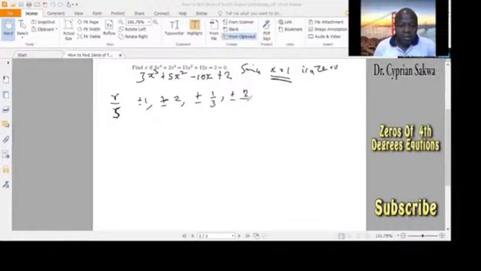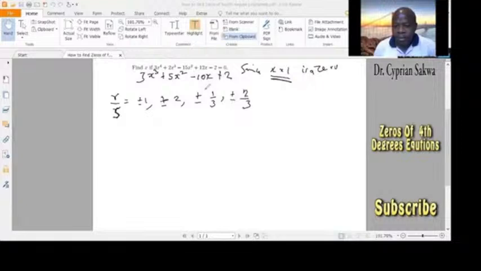We still have the same, because we still have the same constant 2 and 3. So again, we try and find out which of these is a solution. Let's begin with the easy ones. If we find that they do not agree to be solutions, we move to the second one, then the third one, then the fourth one. But one of them must be a solution if it can be reduced further.